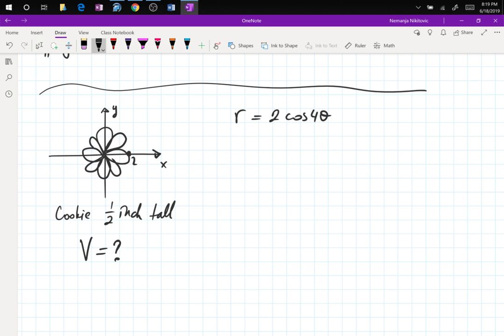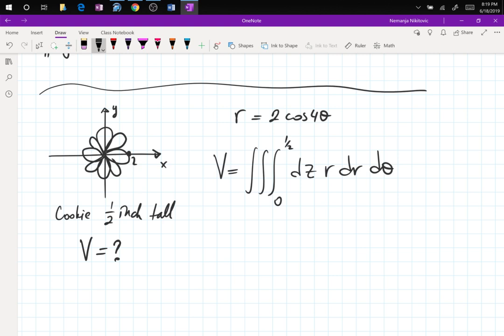Now I took the top and the bottom of the cookie to be flat. We can also have some design on top of the cookie, so that could be some other function, and so on, but this is an introductory problem, so for modeling. So volume is the triple integral dz r dr d theta. z is from 0 to 1/2 in inches, because that's just the height.